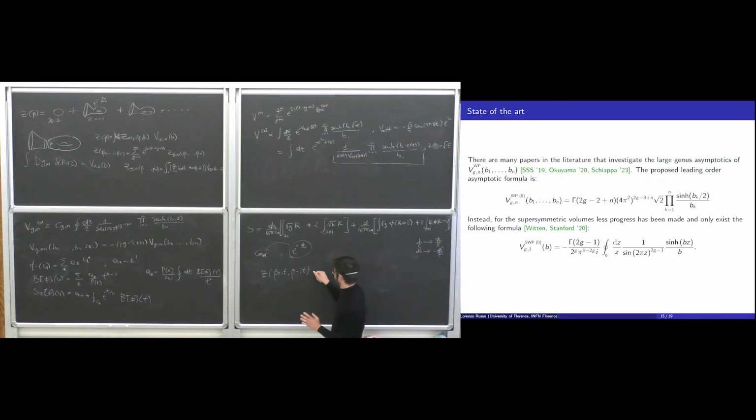Right, this you can compute by summing this type of geometries, and let's say with a hole, etc. In the tau scaling limit, and these are non-perturbative in this sense.